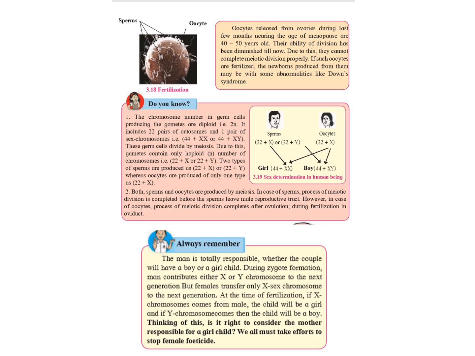Let us try to understand how the gender of the child is determined. That is, whether the baby born will be a boy or a girl. Now we know in case of human beings there are 23 pairs of chromosomes, out of which there are 22 pairs of autosomes and 1 pair of sex chromosomes.